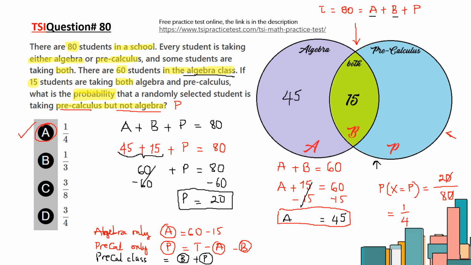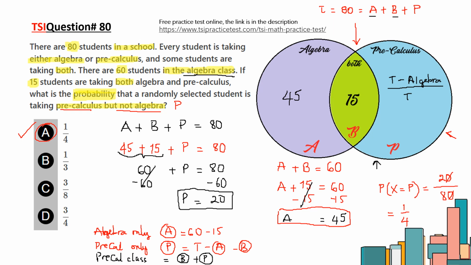I wanted to break out all the possible questions they may ask about this topic in today's problem. But actually, when you see this question on your test, you only need to do this. For the probability, you have to find P. So you take the total, subtract the algebra class, over the total.